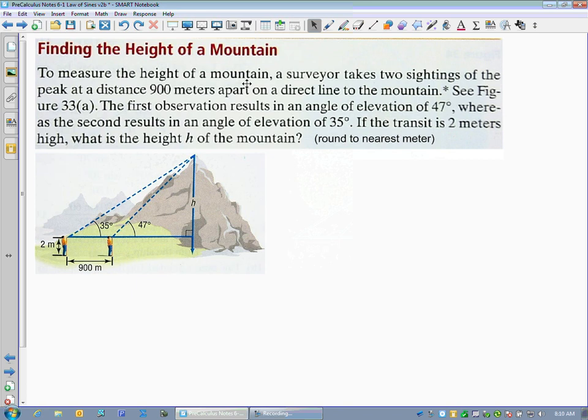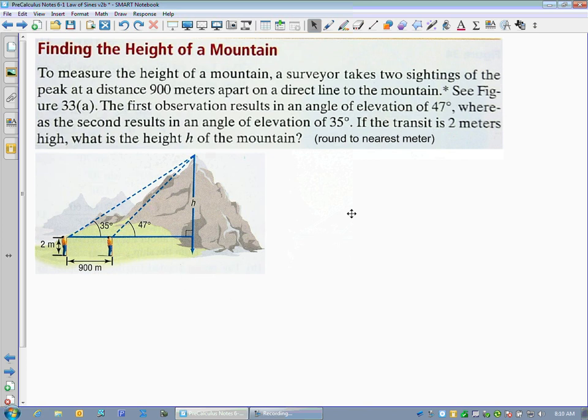To measure the height of a mountain, a surveyor takes two sightings of the peak, and one is going to be at a distance 900 meters from the first measurement. So we can see the resulting elevations. When the surveyor is standing here, his measurement is 35 degrees to the peak. When he gets 900 meters closer, his elevation is 47 degrees to the peak.